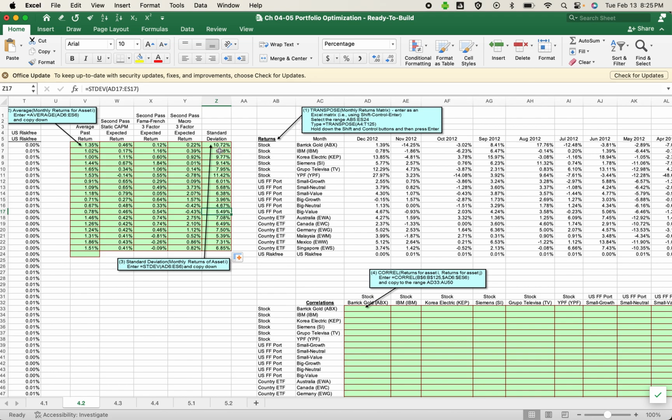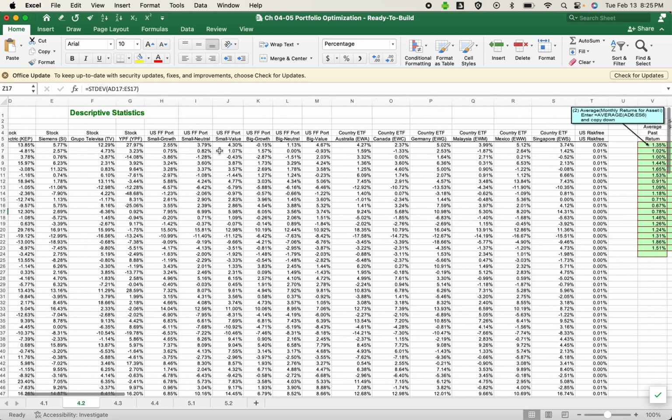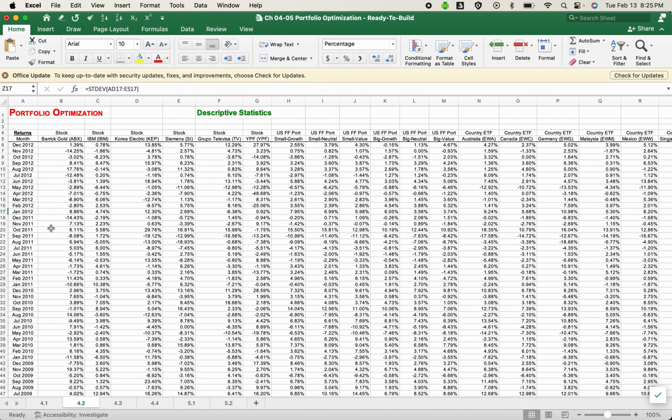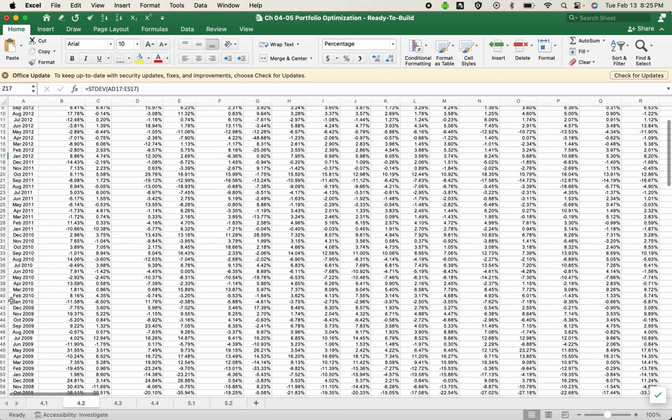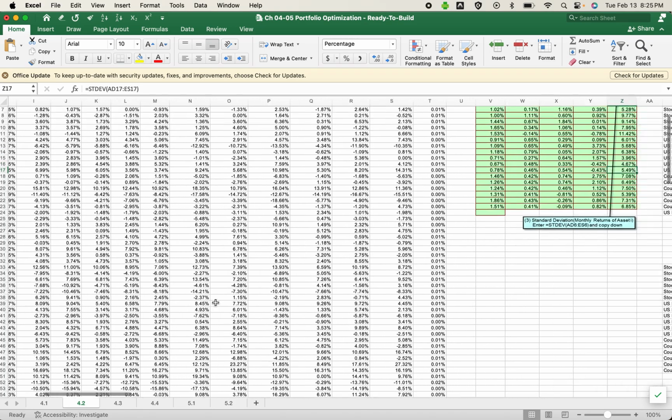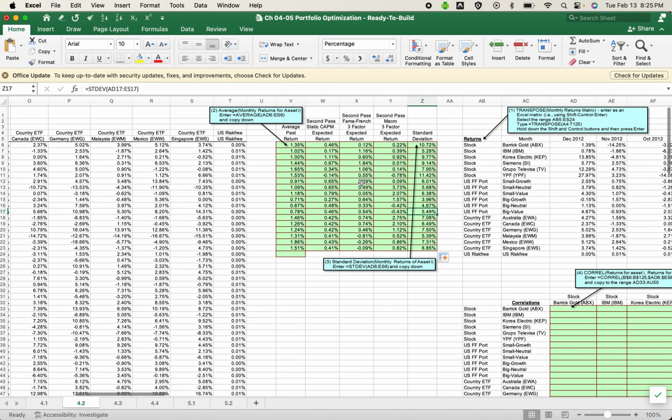The way these states of the economy are calculated is you take these observations and look at the expected return during those states of the economy, for example, the recession, and the economists look at the probability of that state of the economy, and you simply multiply the probability of the state of the economy times the expected return given the state of that economy.